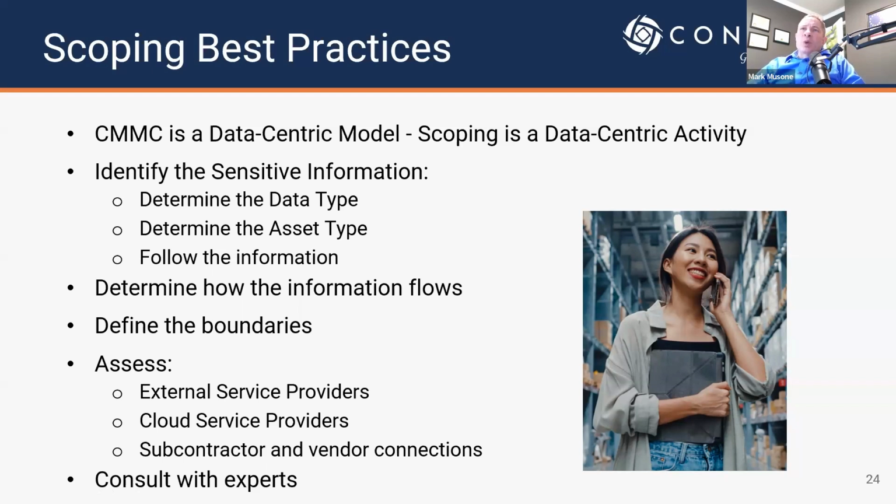A lot of people don't realize that, because it is that CUI that DoD is trying to protect. So we want to determine how that information flows. We want to define those boundaries, and we want to make sure we're assessing external providers, cloud service providers, which potentially might be in our scope, and also subcontractors and vendor connections.